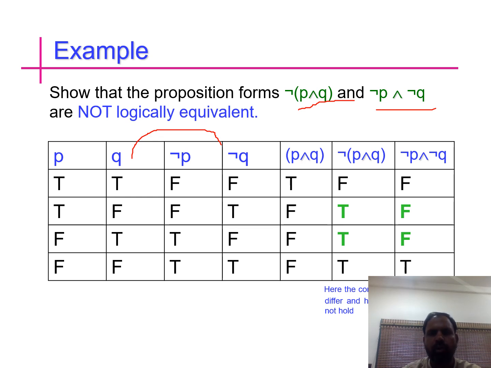So we can see that these values are not the same. Here is true, here is false, here is true and here is false. So these two columns, these two propositions, are not logically equivalent. For equivalence, these columns should be the same.